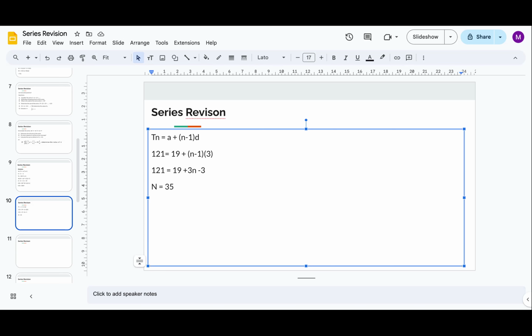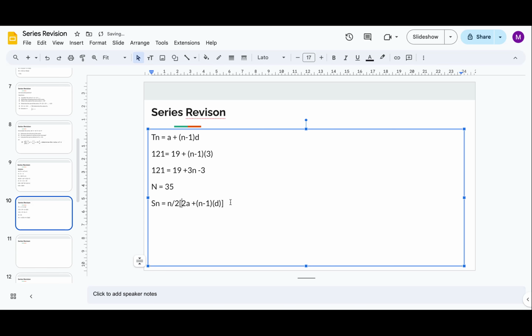Now I have everything I need to calculate the value of this series, Sn. We know that Sn of an arithmetic series can be given as n over 2, open brackets, 2a plus n minus 1 times our constant difference d, and close those brackets. Let me use square brackets so it doesn't get confusing.